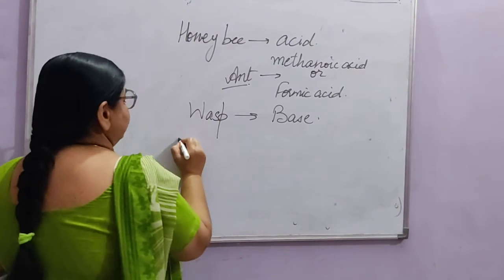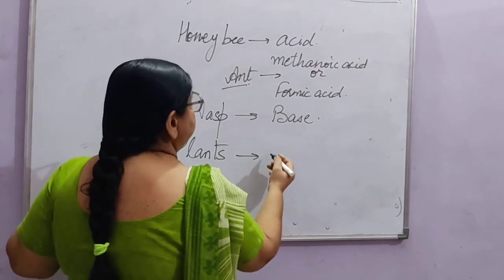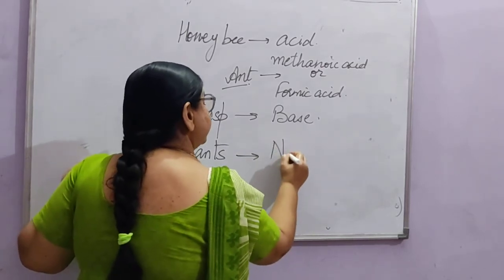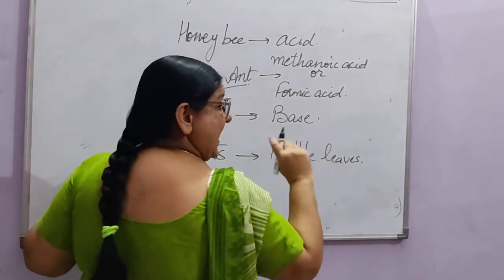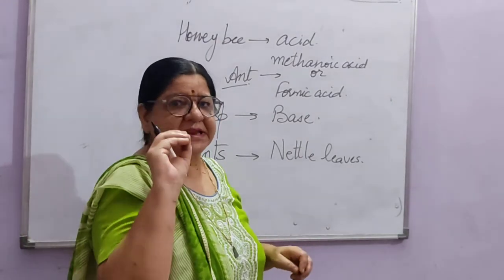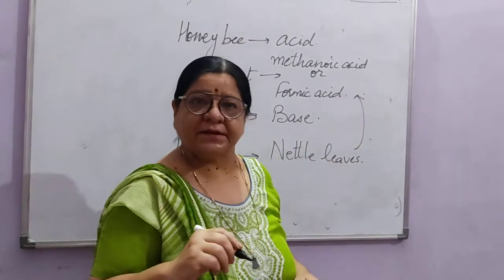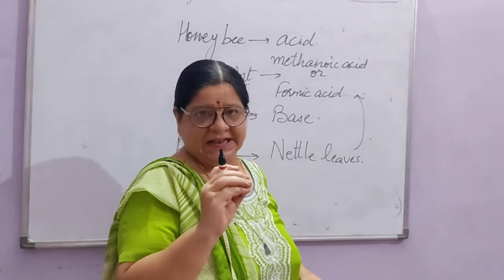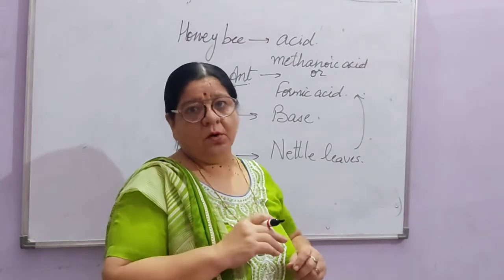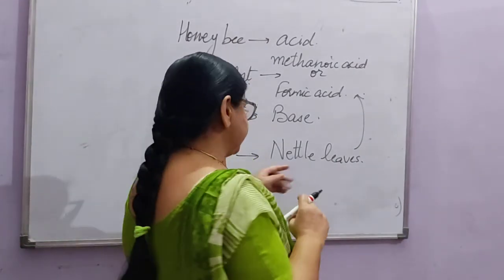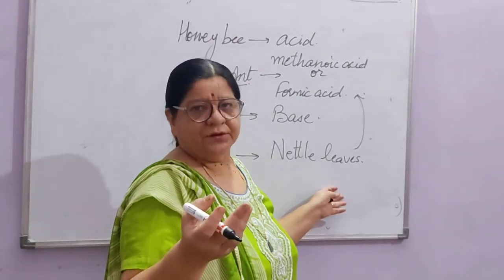Then some of the plants also protect themselves, like nettle leaves. They also have stings in their leaves, and they also leave the same acid, methanoic acid or formic acid, right? If you just touch that leaf, there will be swelling and reddishness all over. Nettle leaves are mostly found in the mountainous regions, right?